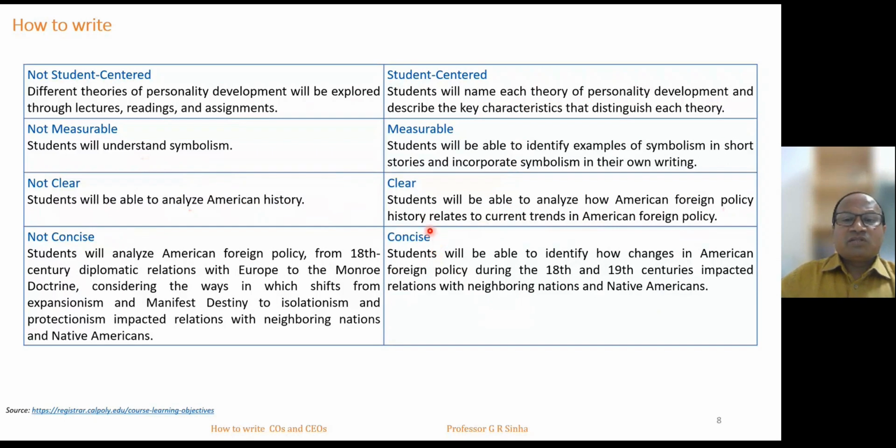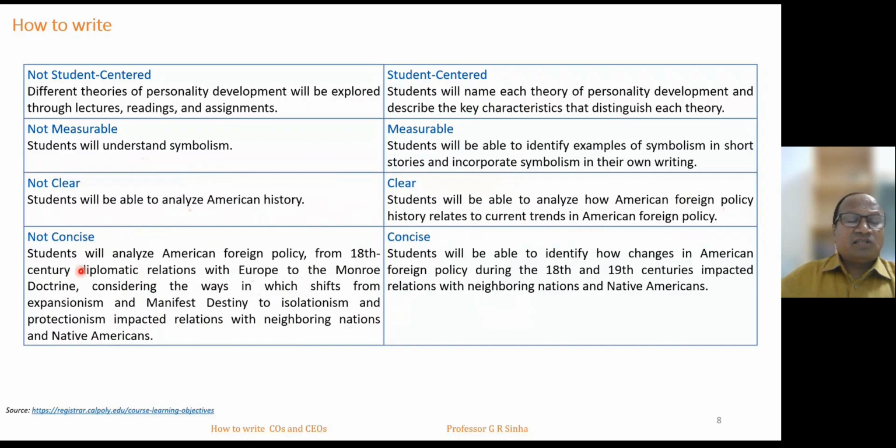Your objectives or outcome statement must be concise. It must not be a big paragraph. Like you see in this one, students will be able to analyze American foreign policy from 18th century diplomatic relations with Europe to doctrine, considering the ways in which shifts from expansionism and manifest destiny to isolationism and protectionism impacted relations with neighboring nations and Native Americans.